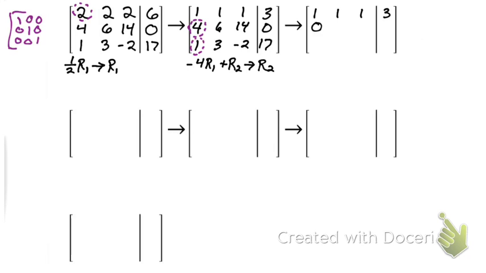So I have -4 plus 6, which is going to equal 2. Then I have -4 times 1 is a -4, plus 14 is 10. And that final thing, -4 times that 3 that's in the top right, would be -12. And add that to 0 and we still have -12.